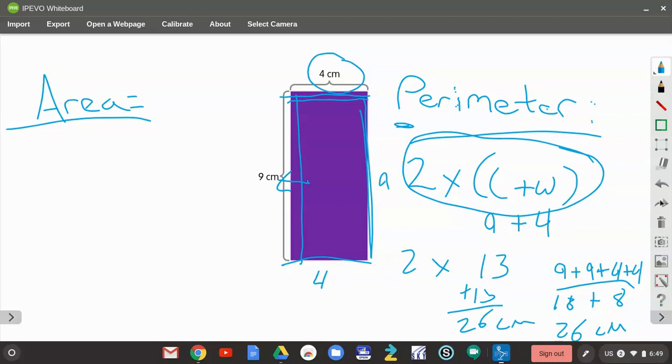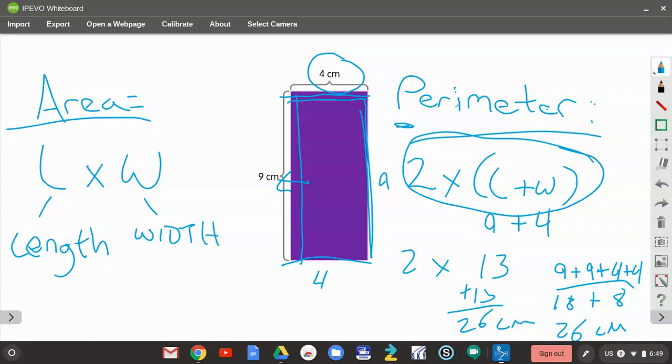Area. We have a formula for that as well. Our formula for area is length times width. The L is short for length. The W is short for width. In this case, it's the same shape.